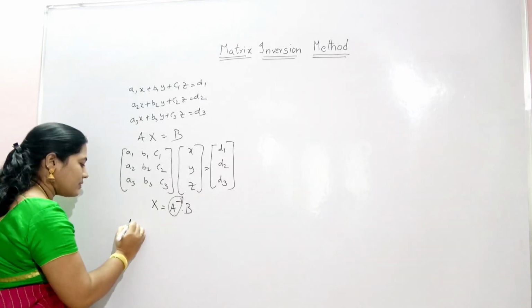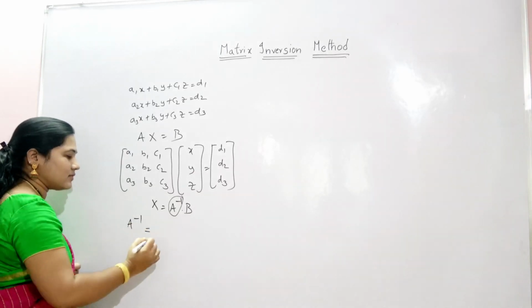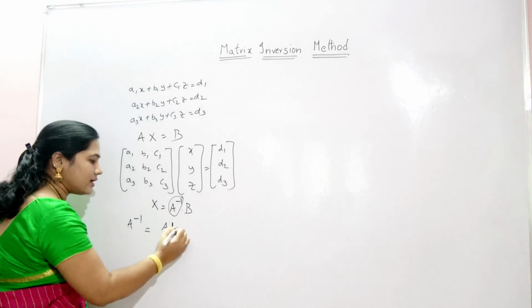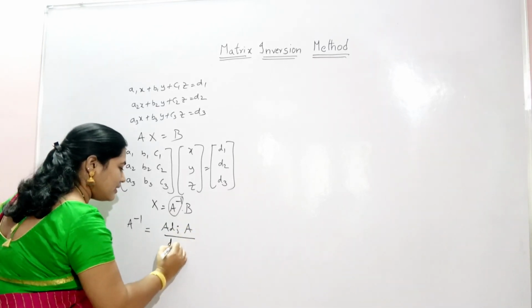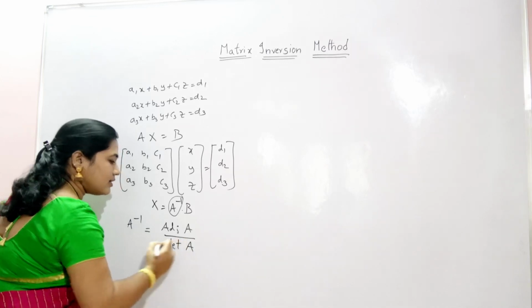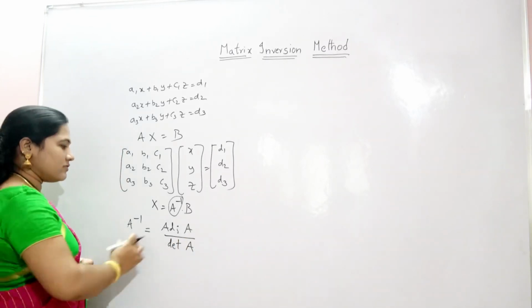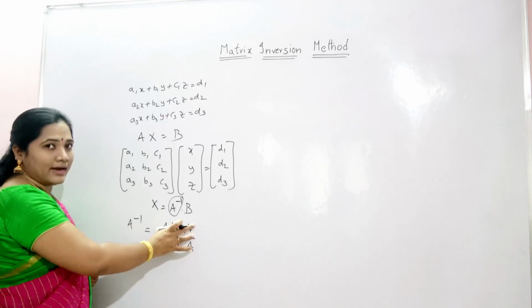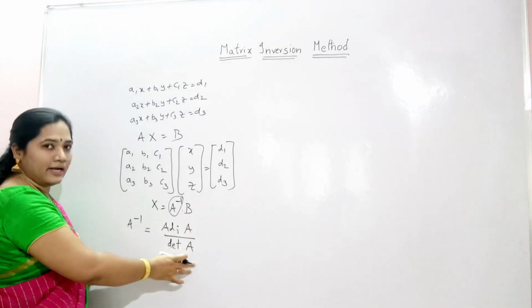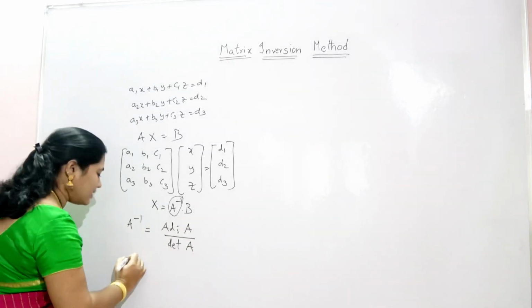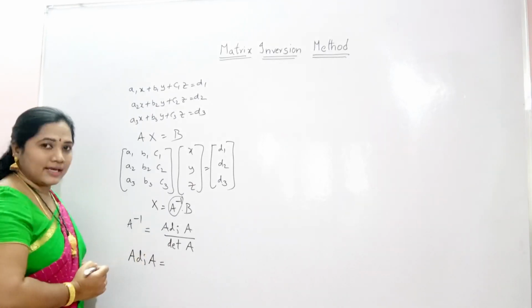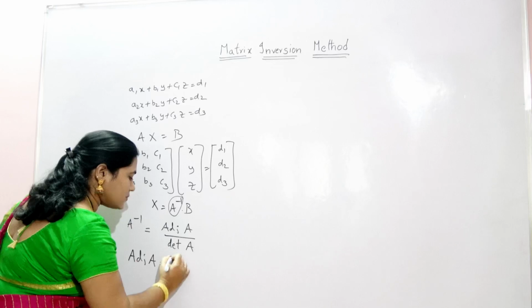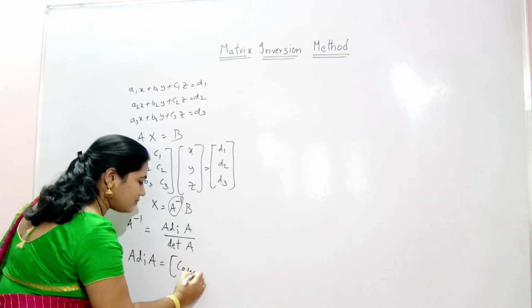First, A inverse equals adjoint of matrix A divided by determinant of matrix A. I will tell you how to find the adjoint of A, then the determinant of A. The adjoint of matrix A is the transpose of the cofactor matrix.